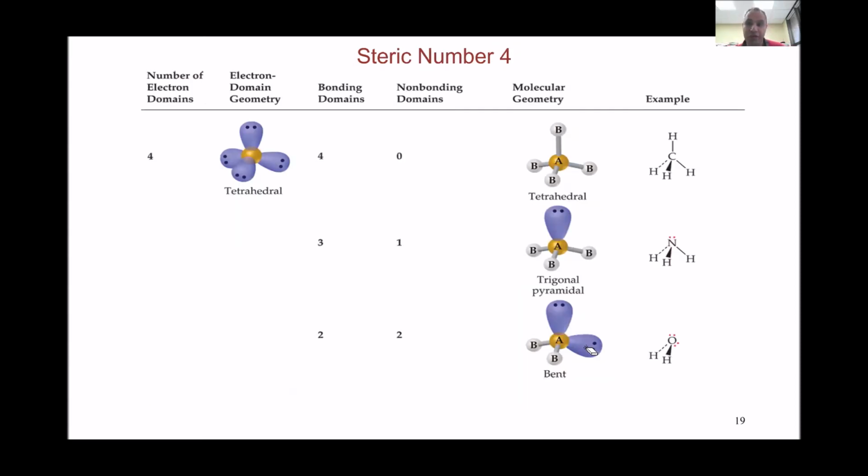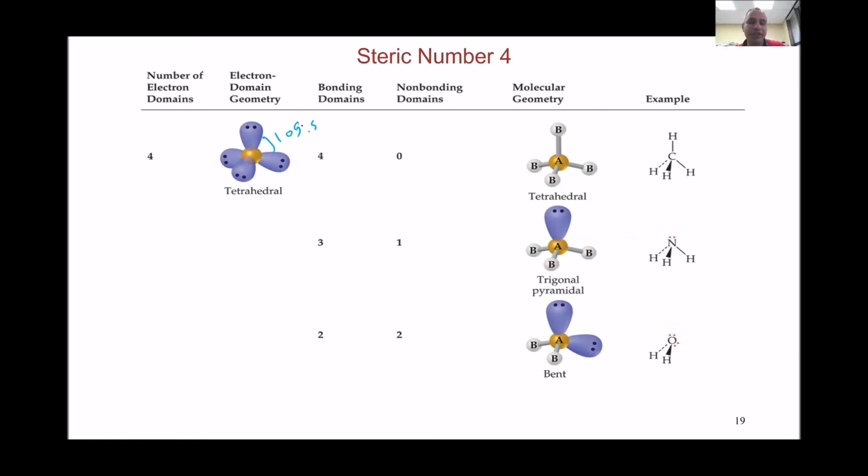If we have 4 domains around the central atom, as we learned previously, that's going to result in sp3 hybridization, which is going to assume a tetrahedral electronic geometry between the hybrid orbitals with an ideal angle of 109.5 degrees.